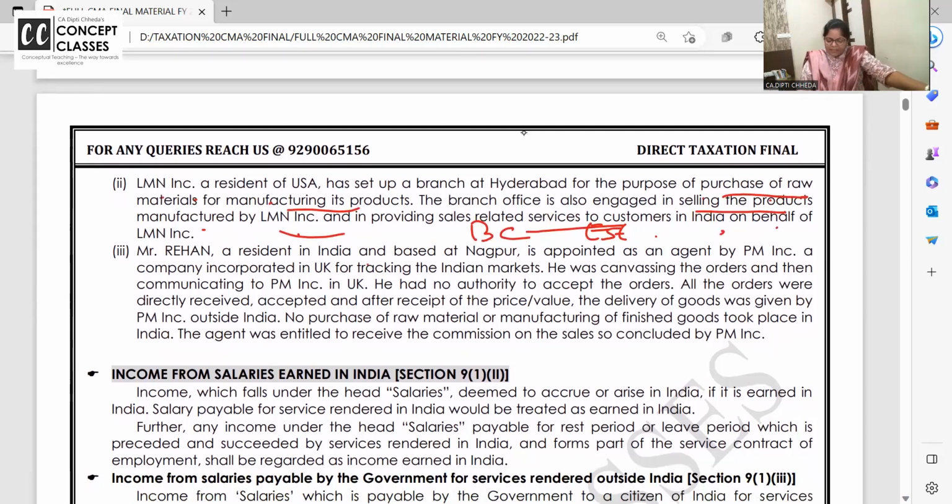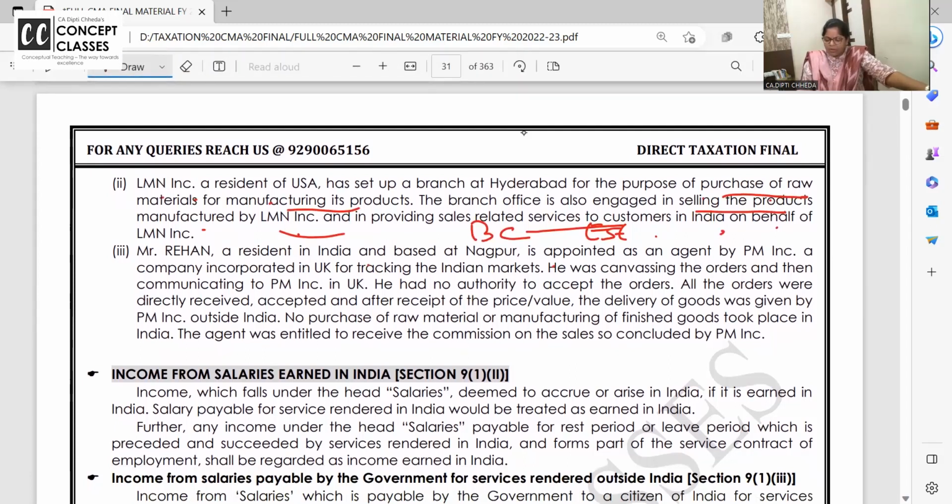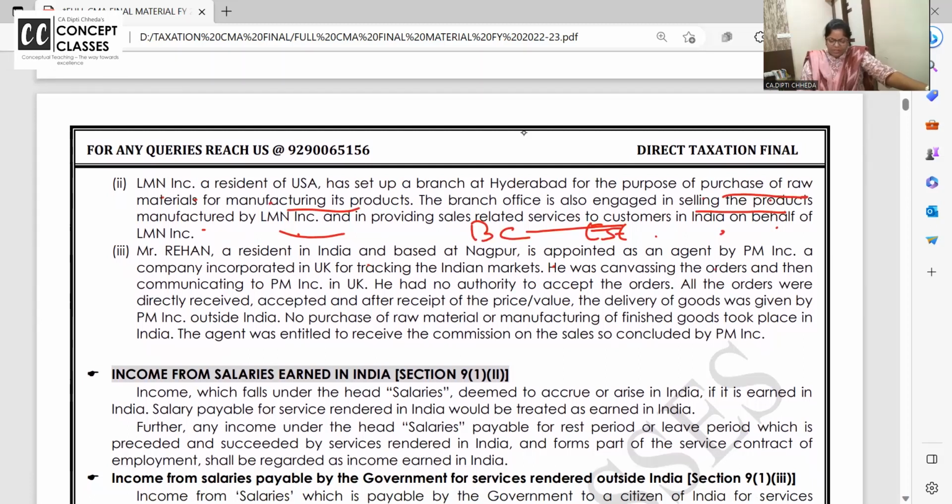Mr. Rahman, a resident in India and based at Nagpur, is appointed as agent by a firm incorporated in UK for tracking the Indian market. He was canvassing the orders and then communicating to the UK firm. He has no authority to accept the orders, and all the orders were directly received and accepted, and everything was done directly by the foreign company.